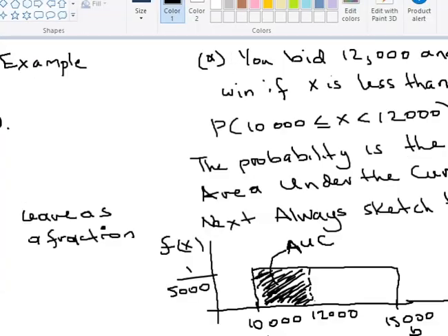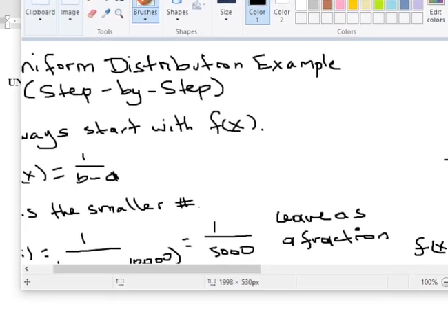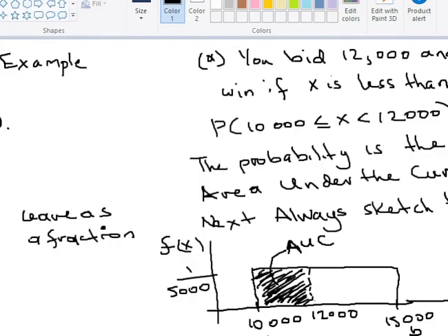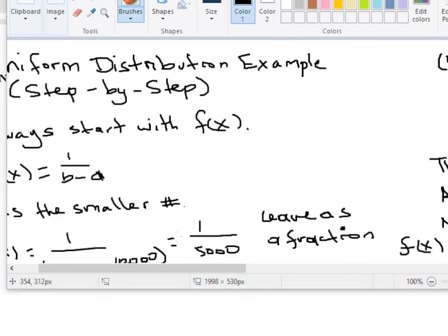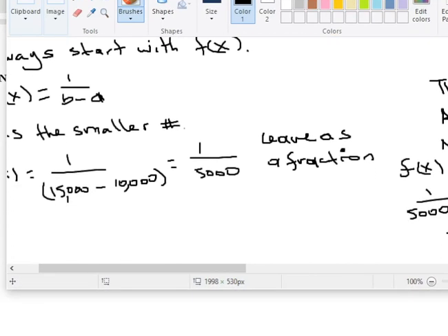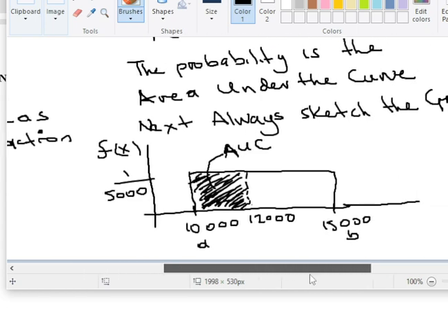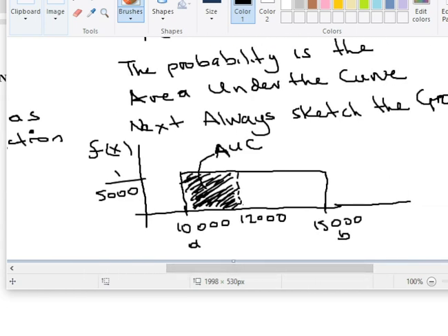So what's the distance when we go from here to here? It's 12 minus 10, which is 2,000.